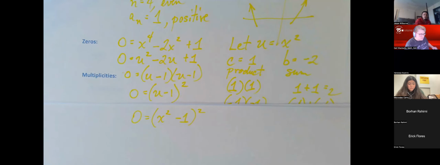Can we keep factoring? No, because it's a -1. It would create an imaginary number. So is it a perfect square minus a perfect square? Because that's what we want.